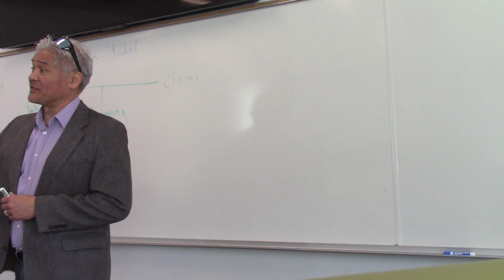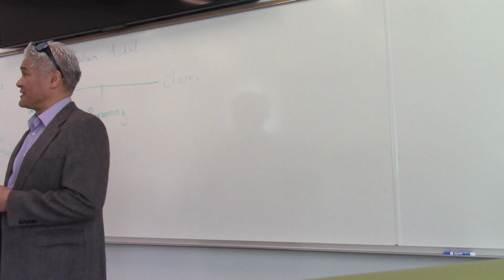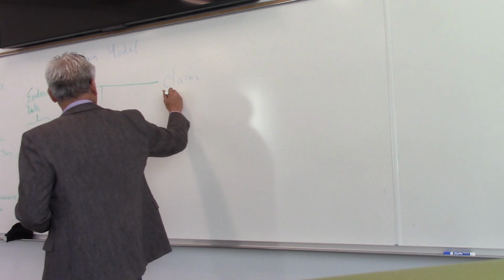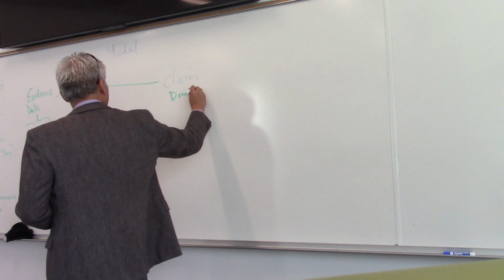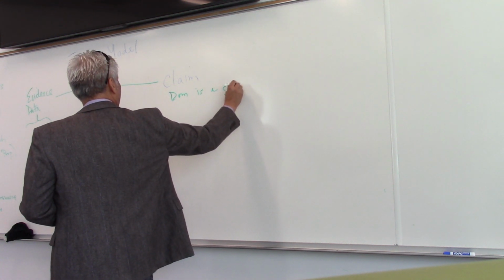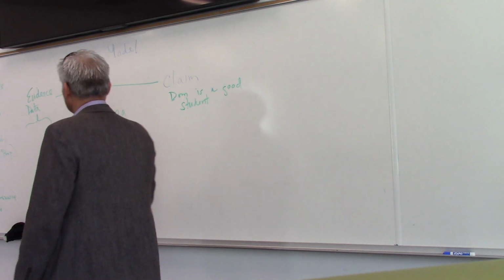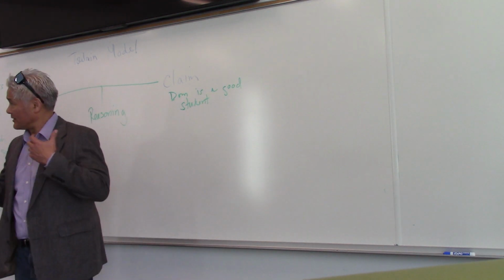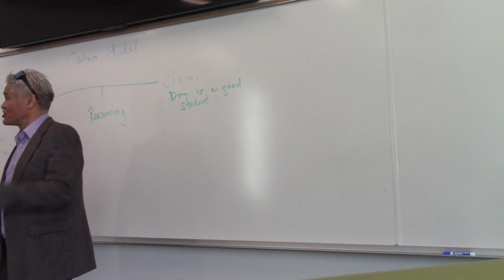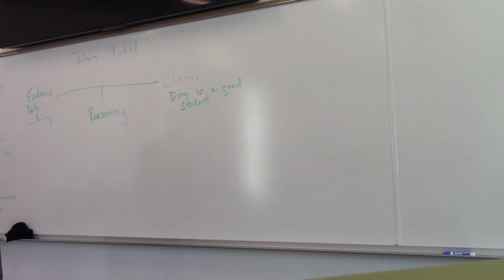Dominic is a good enough student to get into UC Davis, okay? So that's my claim. Dom is a good student. What kind of evidence would I need to provide? You're applying to UC Davis to show that you are a good enough student.